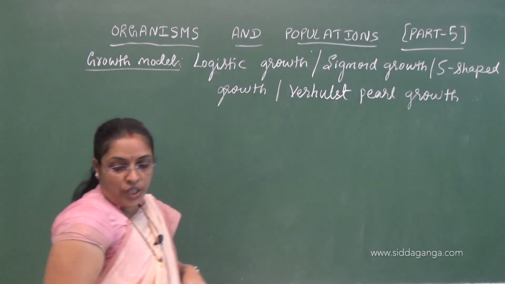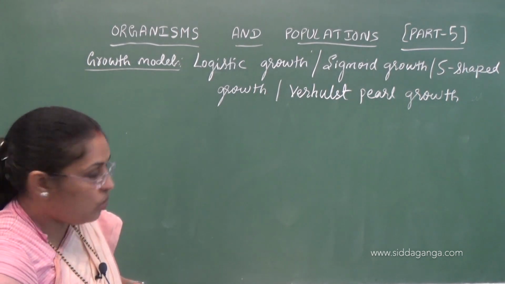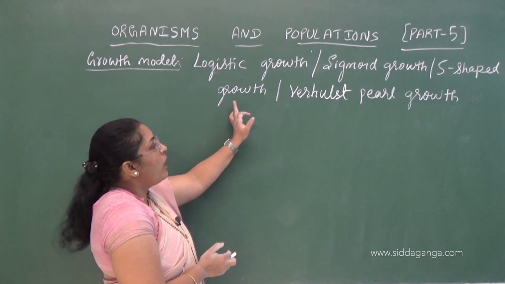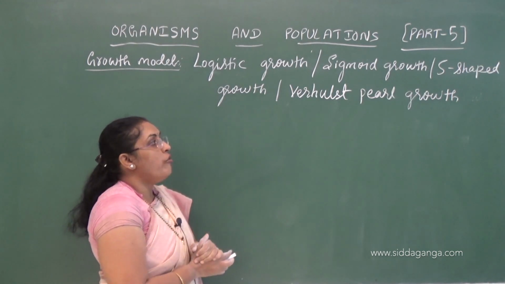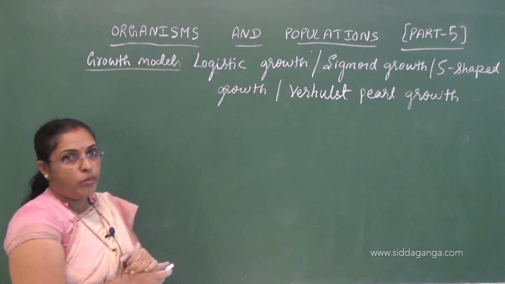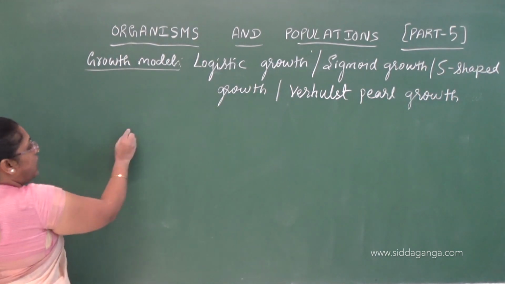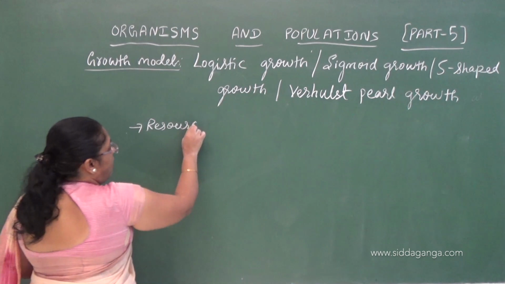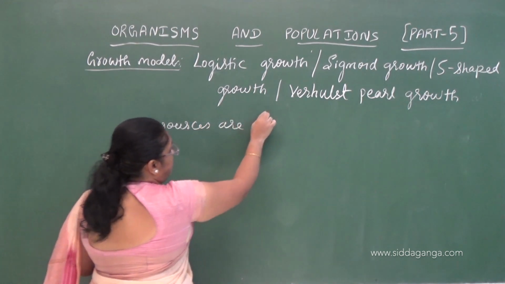So the logistic growth curve is also known as sigmoid growth or S-shaped growth or Verhulst-Pearl growth model. This we see when resources are limited.